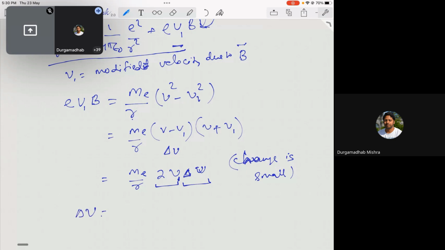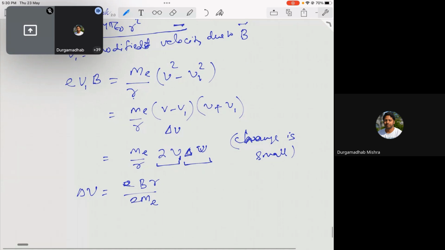So the change in the velocity we can write as eBR divided by 2m. This is the change in velocity due to the magnetic field B. Also, we know that this change in velocity or speed will lead to a change in the magnetic moment.